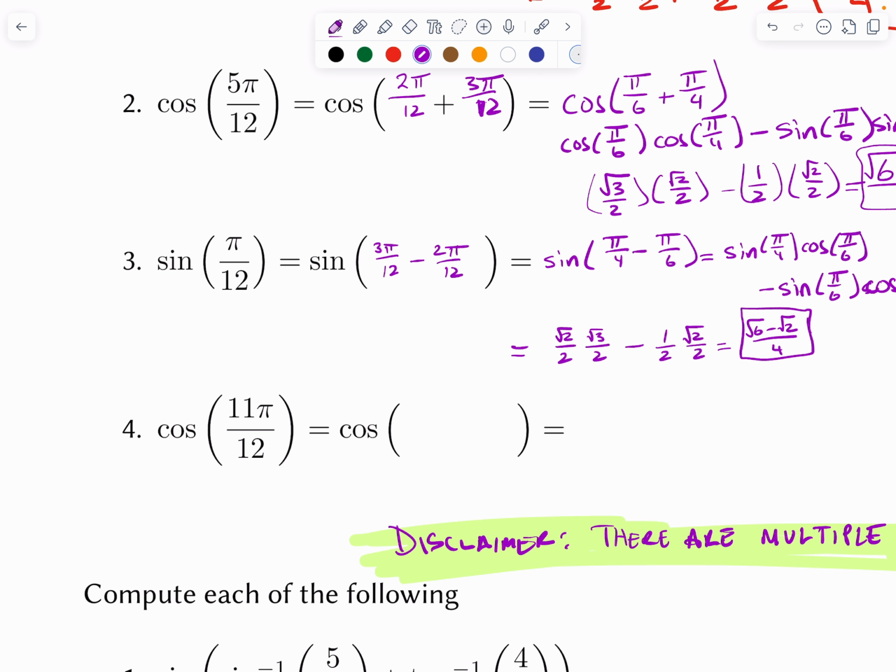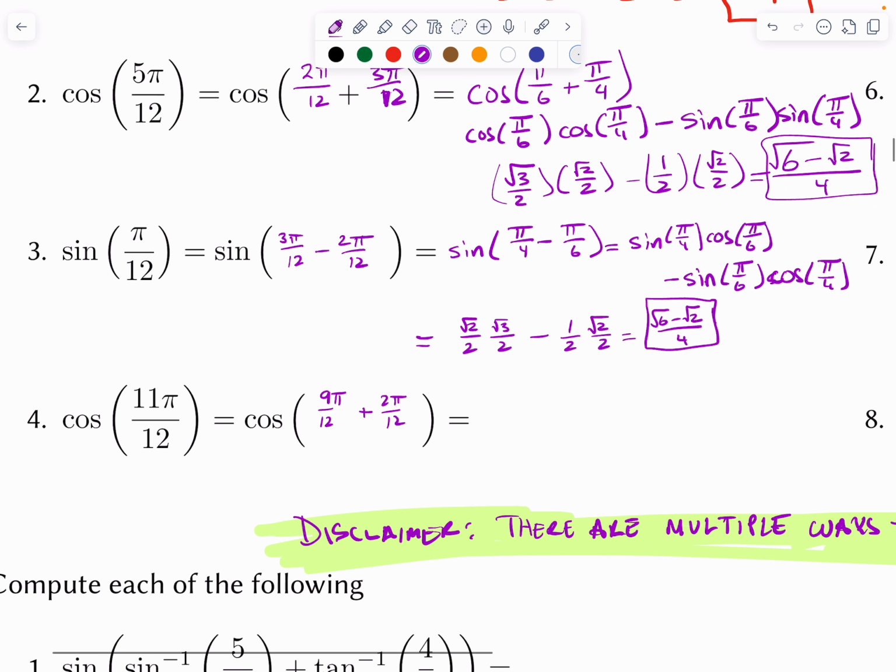Okay, 11 pi over 12 is 9 pi over 12 plus 2 pi over 12. There's other ways to get this. You could use 10 pi over 12. No, that won't work. Let's see, 3 pi over 12 plus 8 pi over 12. Yeah, that would work too. So there's different ways of doing this.